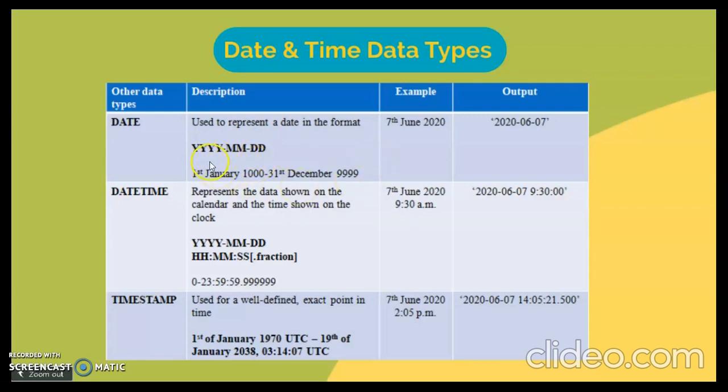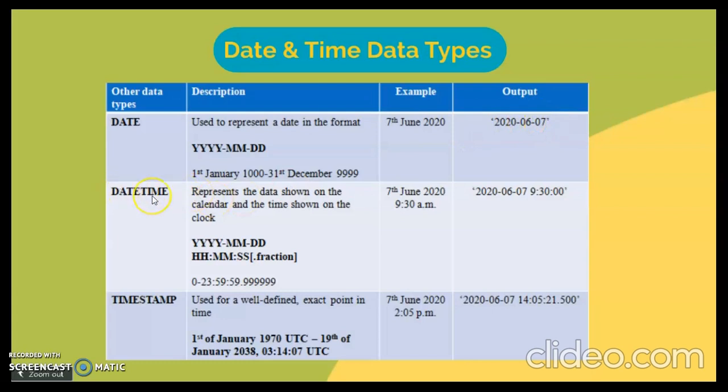This format is applicable from 1st January 1000 till 31st December 9999. If I consider an example as 7th June 2020, we have to write it like this: 2020, then 06, that is the month, and then the date.